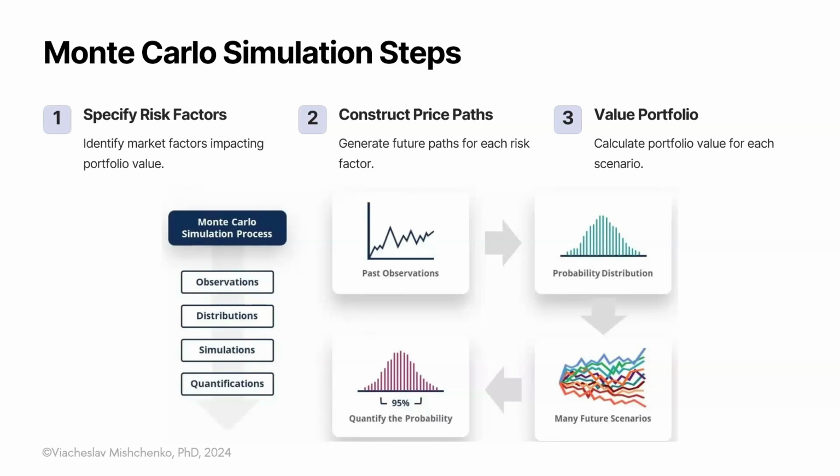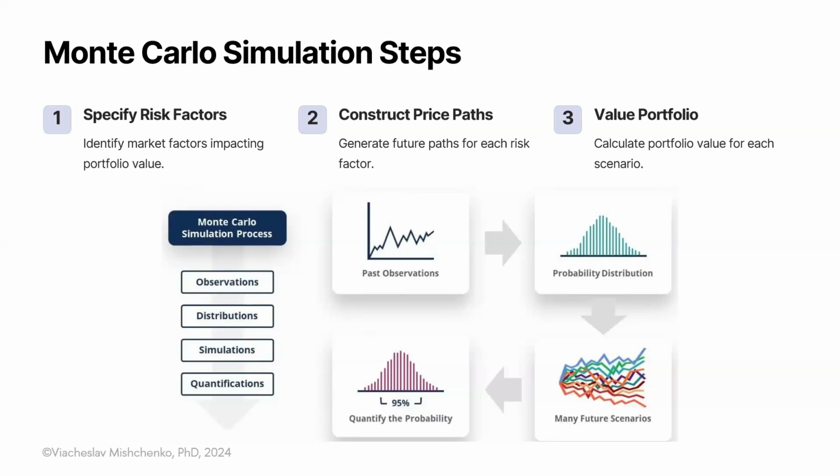And the final step is to value the portfolio for each path, according to each scenario. For each simulated scenario, we now have a set of values for all our risk factors.